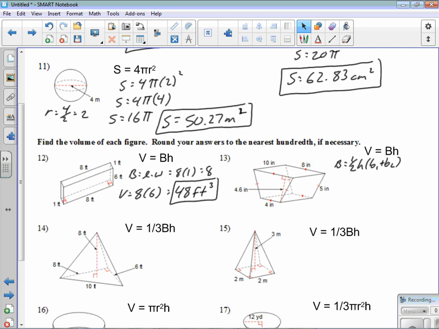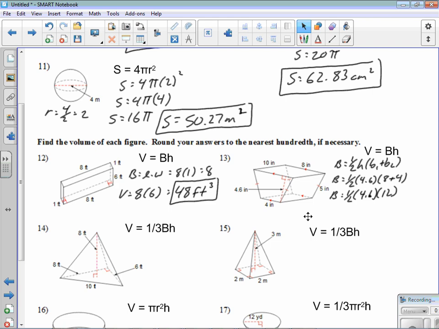So that all deals with the trapezoid. So that's going to be 1/2. The height of the trapezoid is 4.6. The two bases of the trapezoid are 8 inches and 4 inches. So 8 plus 4. So 1/2 of 4.6 times 12.